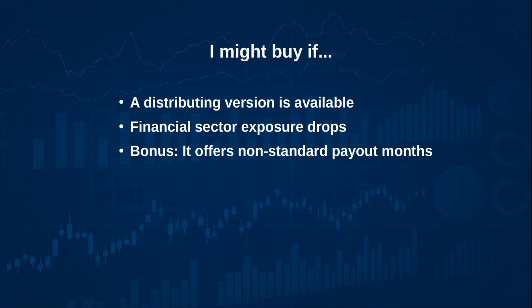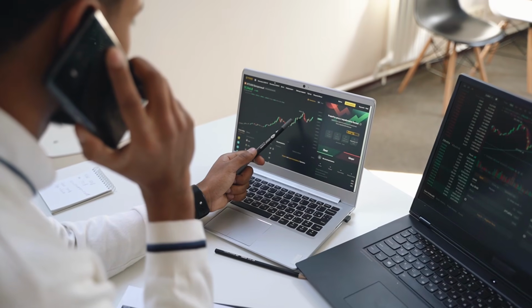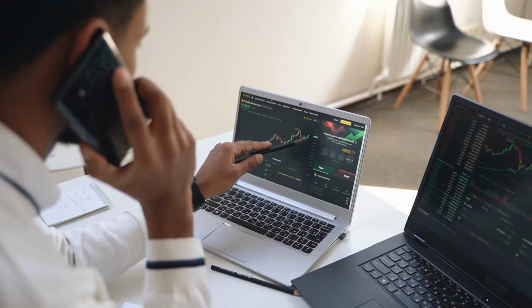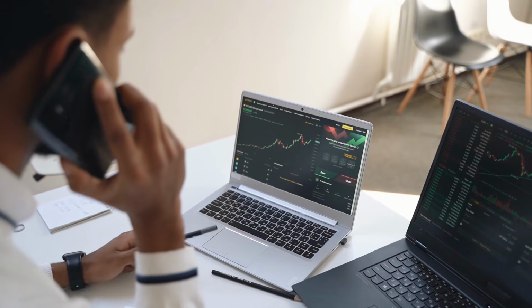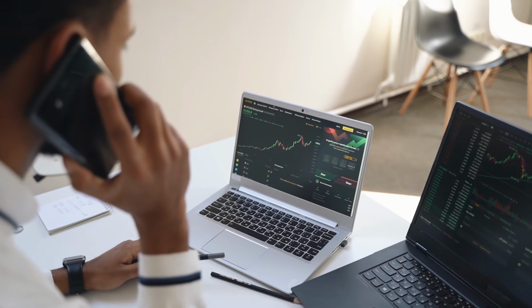As a nice-to-have, it would also be great if VanEck moved away from the standard payout schedule of March, June, September, and December. Choosing different months would make it much easier to combine this fund with other ETFs to build a monthly dividend stream. But okay, let's assume you actually do want to invest in an accumulating ETF to build wealth over the long term.